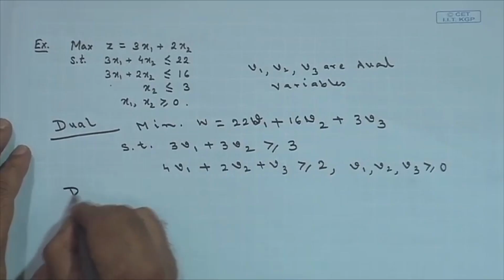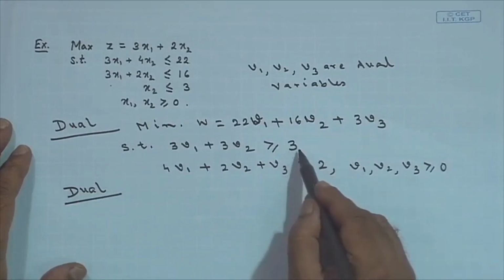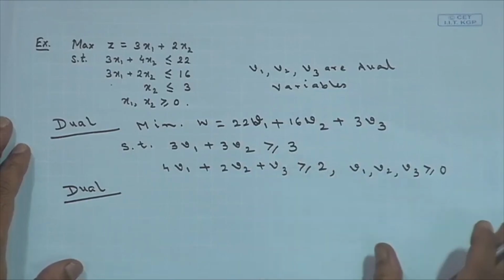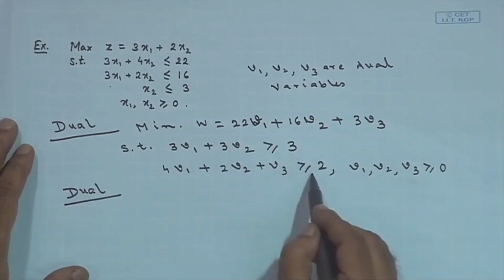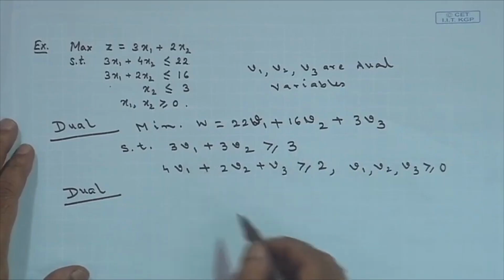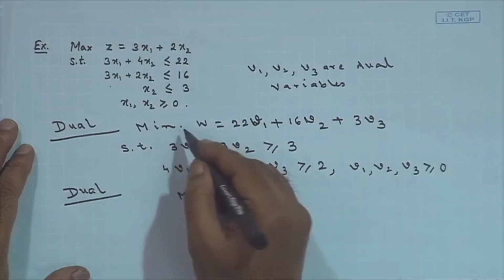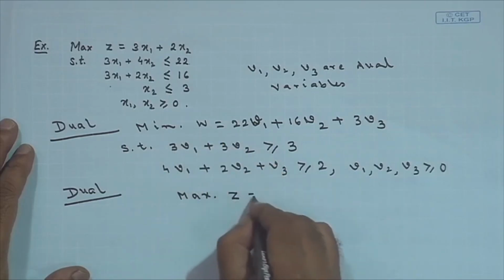Again, if you take the dual of this problem, how many constraints does this problem have? You will see this problem has 2 constraints. So, the dual of this problem will have 2 variables. Since it was minimization, it will be maximization.